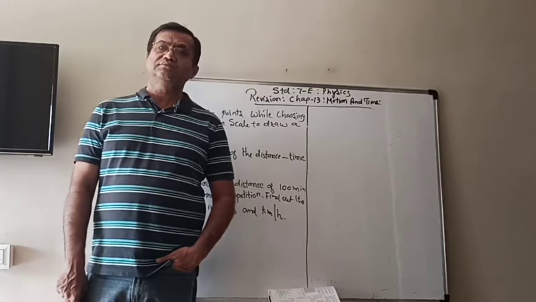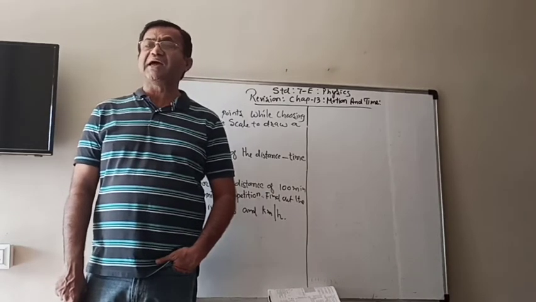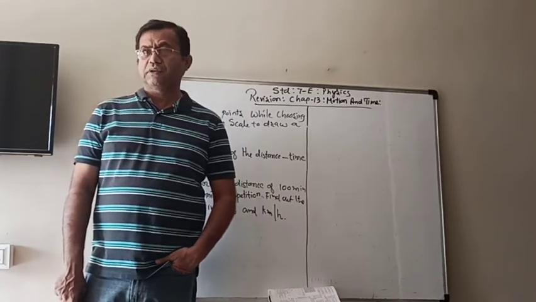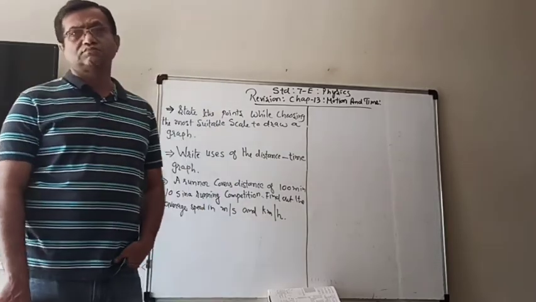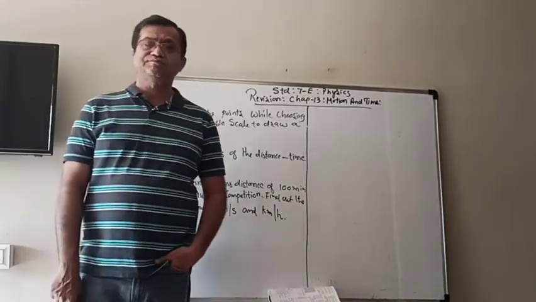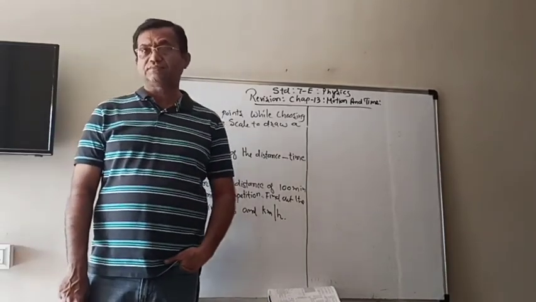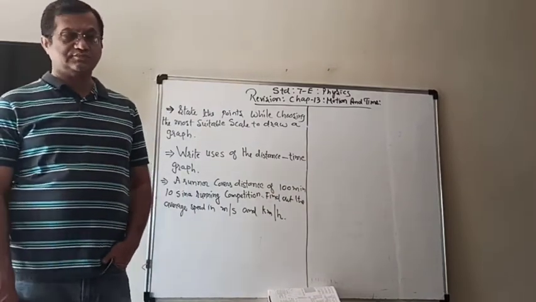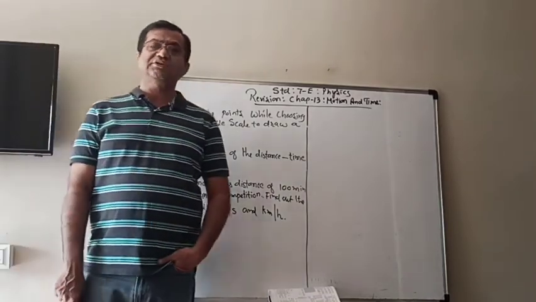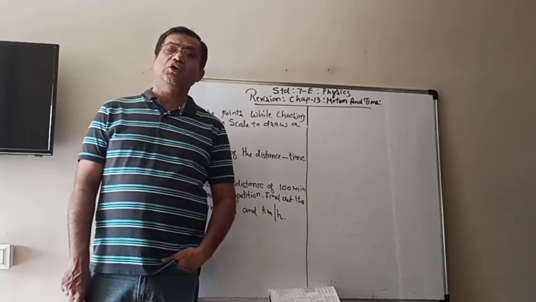The horizontal line is known as the x-axis and the perpendicular, the vertical line, is known as the y-axis, and the intersection of the x-axis and y-axis is a point which is known as the origin.